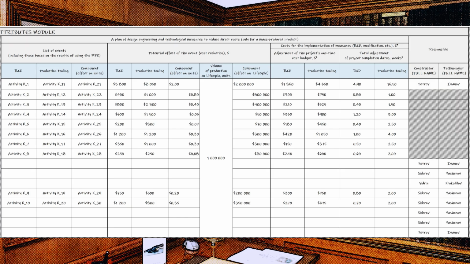The area of responsibility of the designer: we do not consider the role of the design bureau technologist, for simplification. He actually participates in the development of the component, accordingly includes the complexity of the development of R&D of the product component, as well as its design and manufacturing technology.